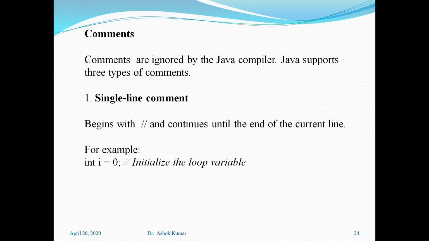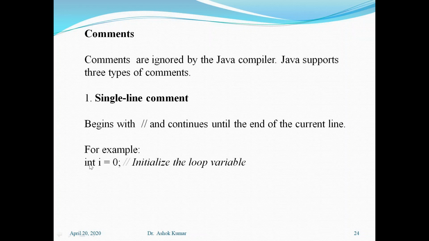There are three kinds of comments that are supported by the Java language. The first one is single line comments. If you want to put some comments or a description of some line in a single line, then you can use this double forward slash, and after the double forward slash you can put the description.